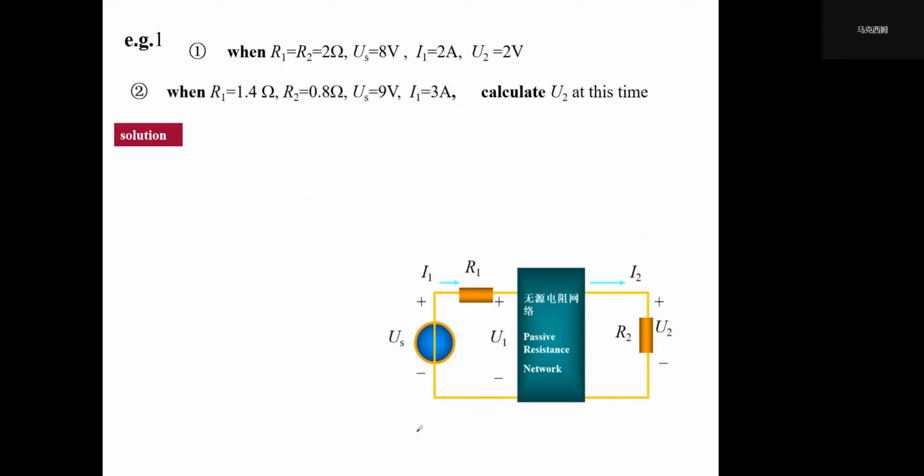But we exchange the combination of their corresponding branch current and branch voltage, and these will reach the same conclusion. So this is very interesting. So let's see the first example.